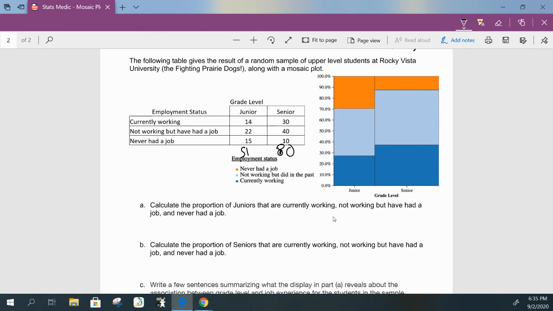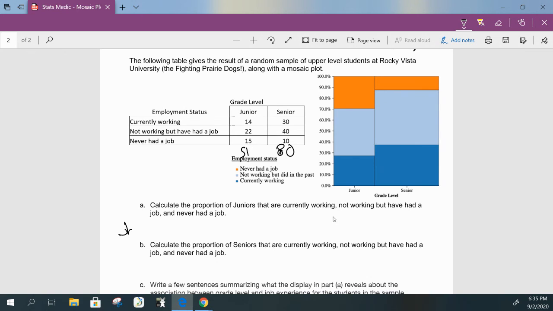So in the mosaic plot, red represents never had a job. The light blue is not working, but have had a job in the past. And then the dark blue at the bottom is currently working. Calculate the proportion of juniors that are currently working, not working but have had a job, and have never had a job. So 3 different classifications.